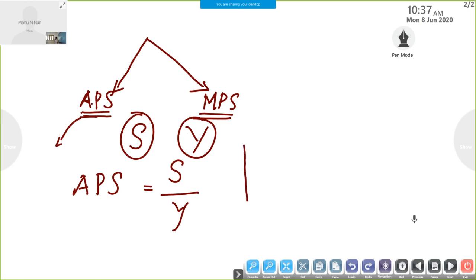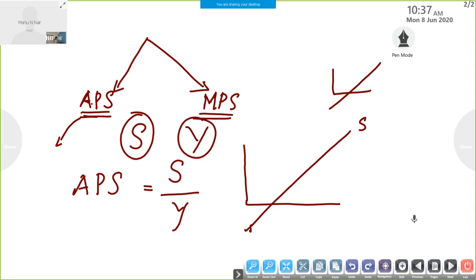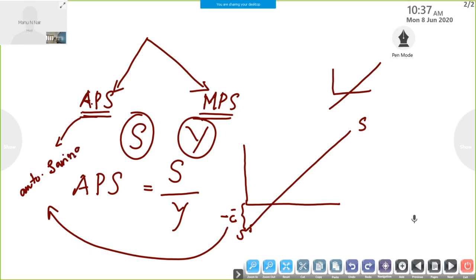Graphical representation of APS: we studied that the saving curve is an upward sloping curve. So we need the saving curve for APS. This part shows minus C dash, or we can say autonomous saving.